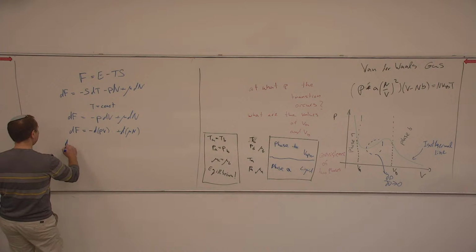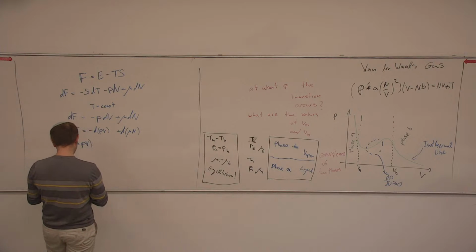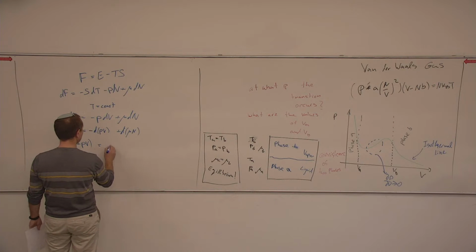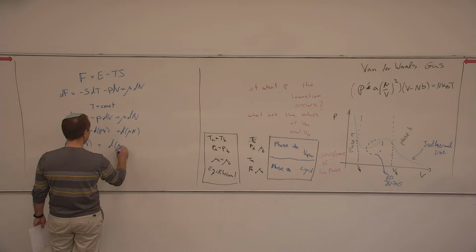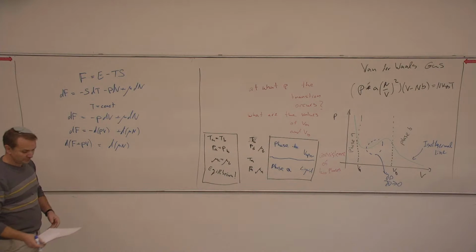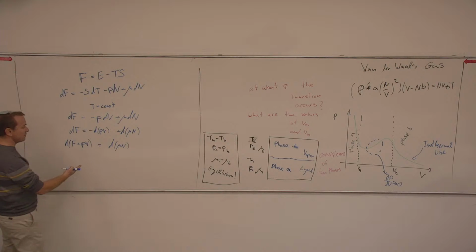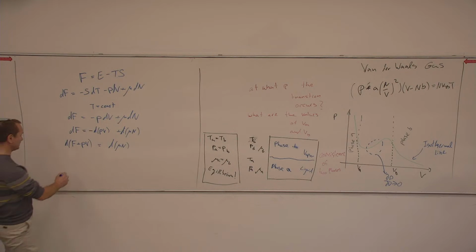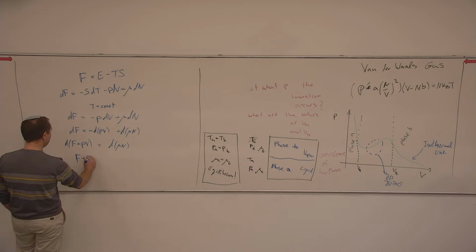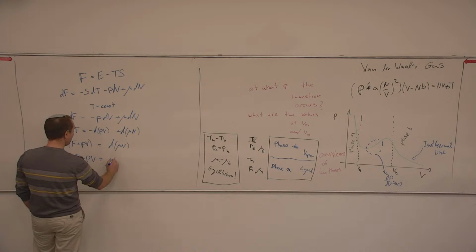We have that dF plus d(PV) equals d of mu N. Right. So let's forget about the differentials, because I can say that F plus PV equals mu N.